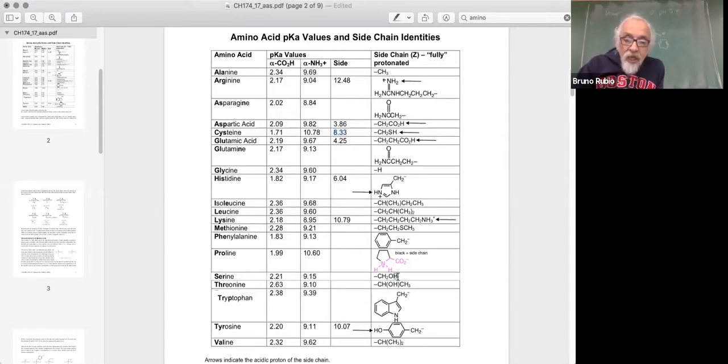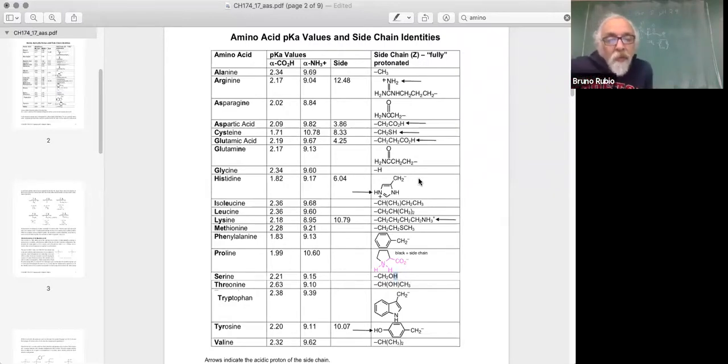And that's because this proton's pKa is 17, and when we talk about pH, we only go up to 14, right? So not all of these guys have 3 pKa's.